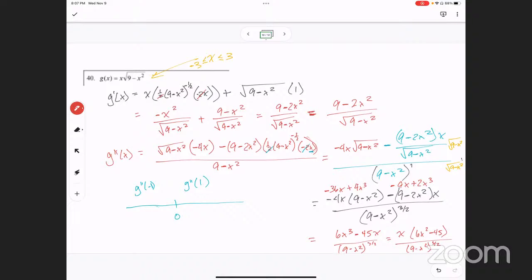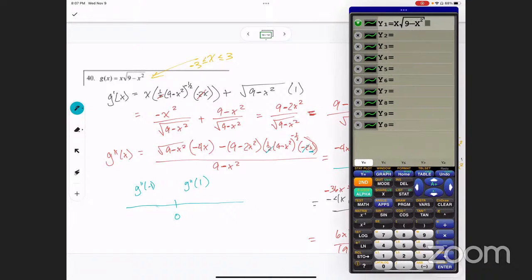So if I'm trying to find the zeros, the inflection points for this, well, this yields what inflection point? Wouldn't it be 0? That's my 0. And when I try to set this equal to 0, where do I end up? 45 divided by 6, the square root of that.